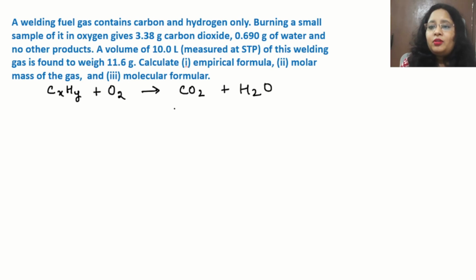They gave the amount of carbon dioxide 3.38 grams and for water it is 0.690 grams. So friends, as we already heard the law of conservation of mass, whatever carbon and hydrogen we used at the beginning, that same amount we will get at the end of the reaction. So from this concept we are now going to calculate the amount of carbon and the amount of hydrogen. Let's see how.